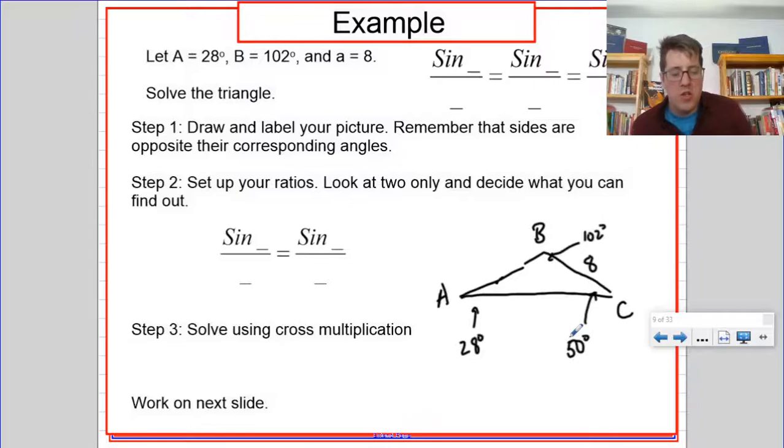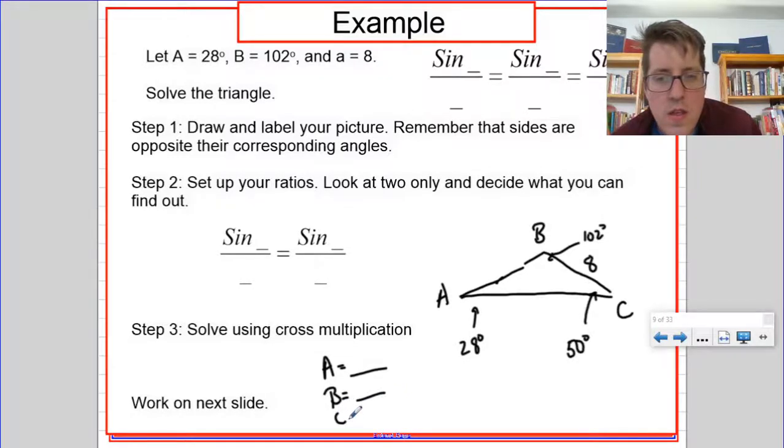My suggestion to you is that as you're doing these problems, just from the outset, you always say, okay, I need to find A and B and C. Those are angles, and little a and little b and little c, those are sides. I can fill in what I already know, so I know how well I'm doing: 28 degrees, 102 degrees, 50 degrees. If you set it up this way, you'll just stay organized.